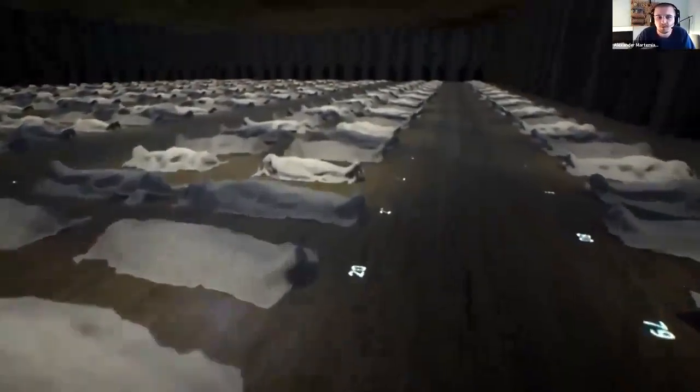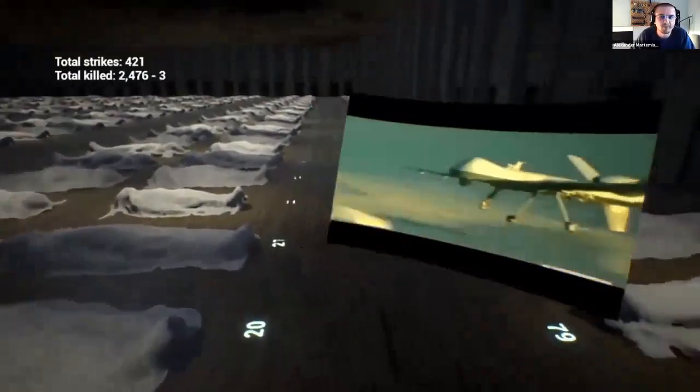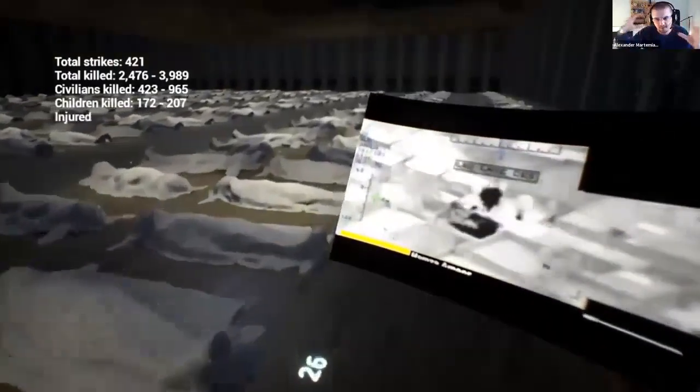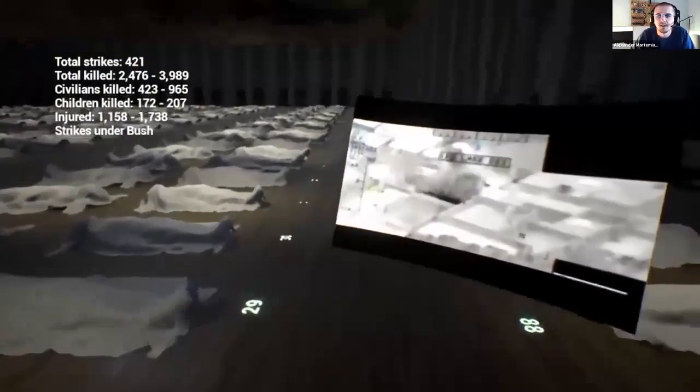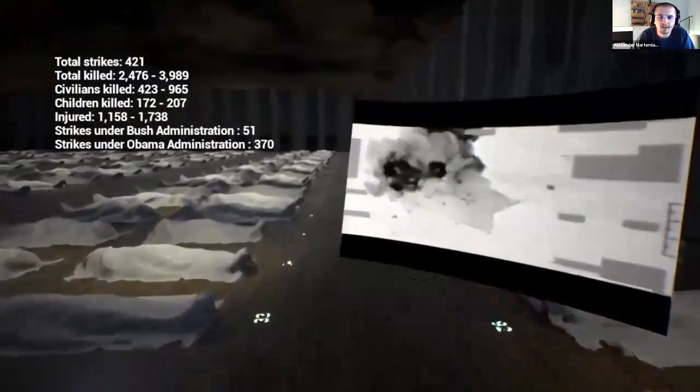The user can walk in between, and it's more or less an endless field or room. The user can lift up to see from the higher perspective, and also switch between the different fatalities.